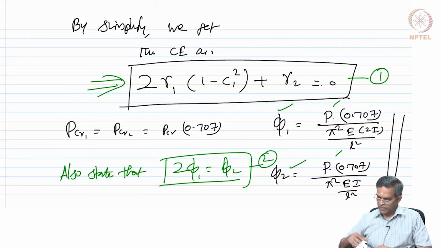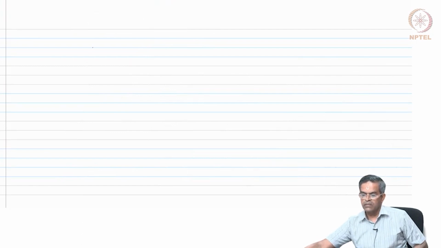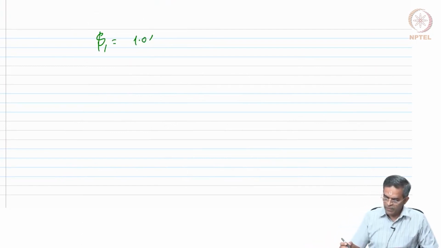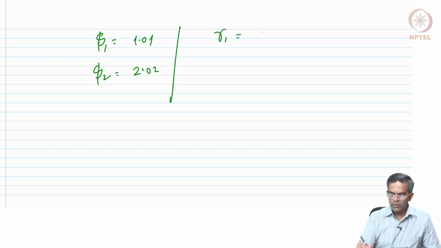So, I will write it here. I will close this, minimize this. These are charts being plotted. So, now I can write phi 1 is 1.01 and phi 2 is 2.02.